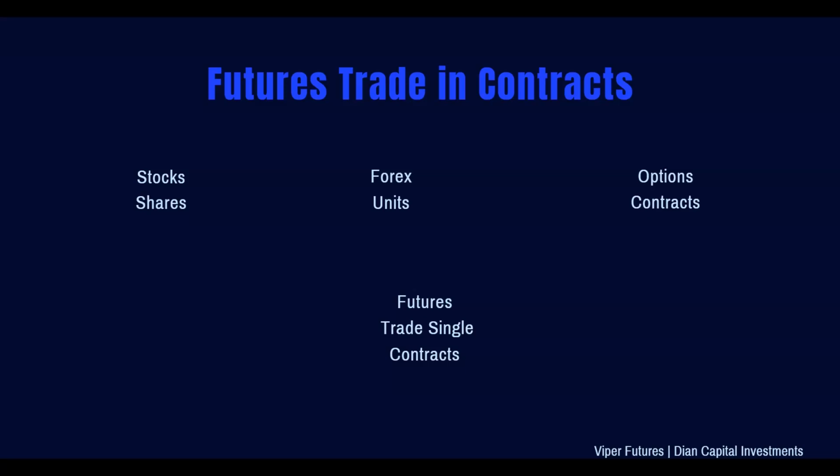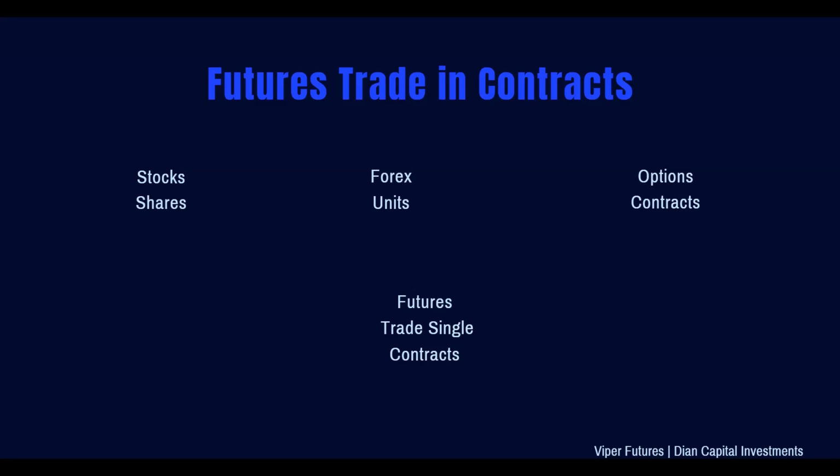The difference is that when you're buying one options contract for stocks, you're buying or selling the right to buy or sell in the future 100 shares of that stock. In the futures world, because there are options in futures and options in stocks, it is a derivative of just one futures contract. So same thing in futures, they trade in single contracts.